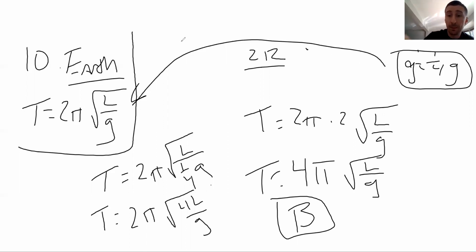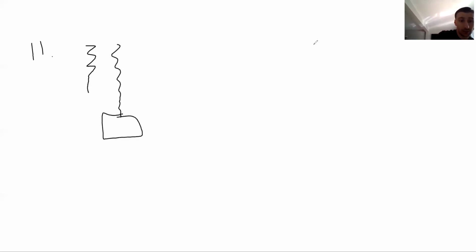Clear this. All right, so next it says a block of mass 3 kilograms is hung from a spring, causing it to stretch 12 centimeters at equilibrium, as shown above. So I'll draw this real quick. We got a spring, nothing on it, then you hang 3 kilograms on it, and it stretches a distance of 12 centimeters.